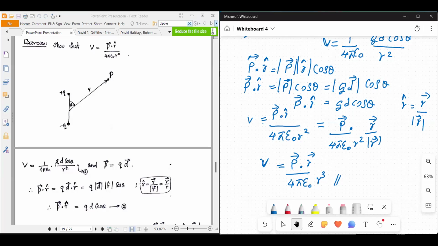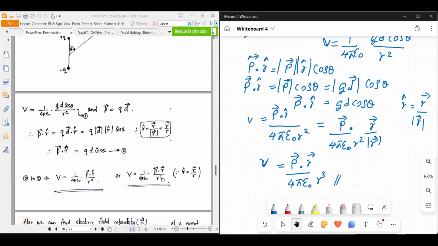Then we can write the potential as 1 over 4 pi epsilon naught p dot r unit vector over r squared. And also we can calculate a unit vector by dividing the vector in that direction by the magnitude of that vector.